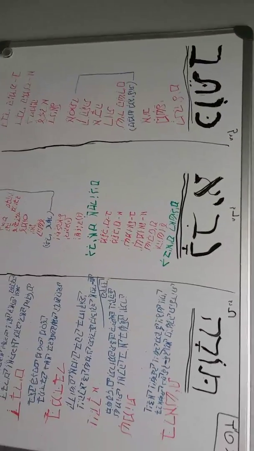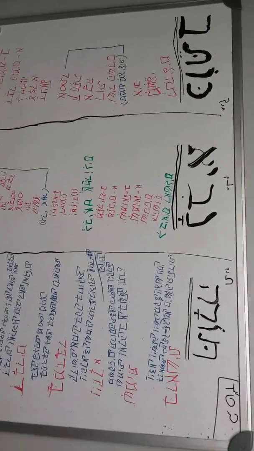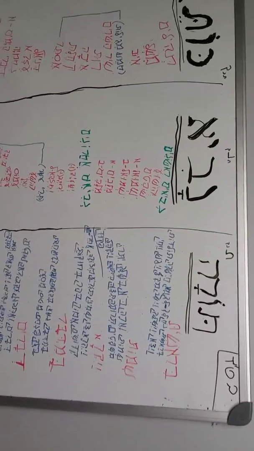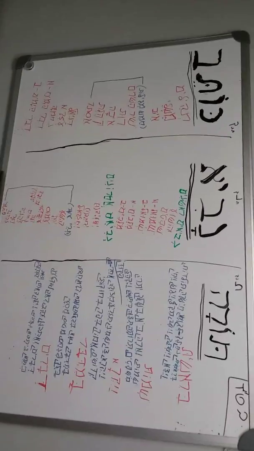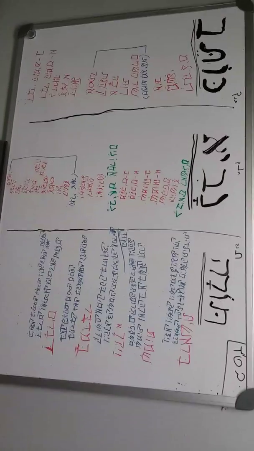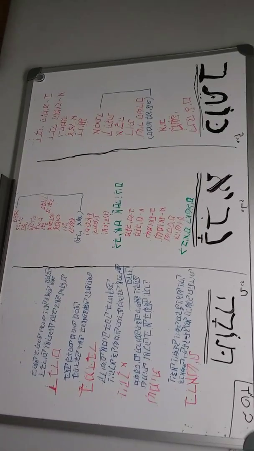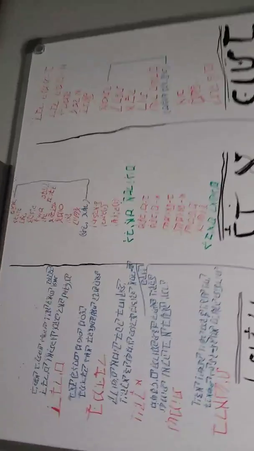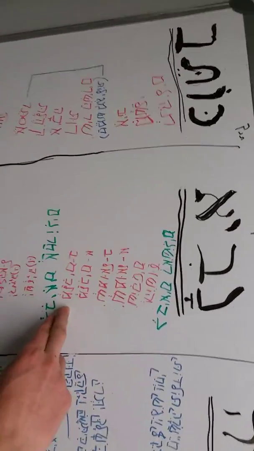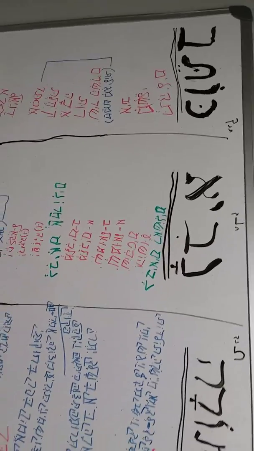And then Sefer Shoftim has each of the judges in the following periods. Then Shmuel Aleph, Shmuel Bet, and Melachim Aleph, Melachim Bet show the timeline of the kings and a few Nevi'im in that time, including Eliyahu HaNavi, a lot of whom is in between Melachim Aleph and Melachim Bet.